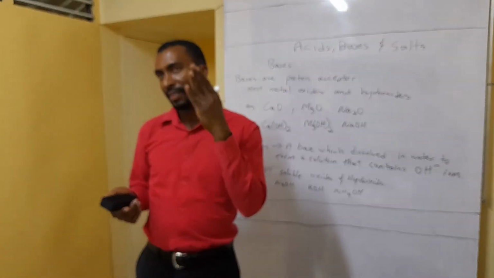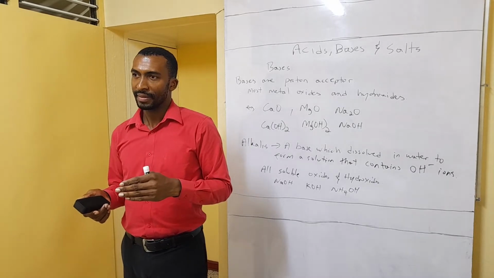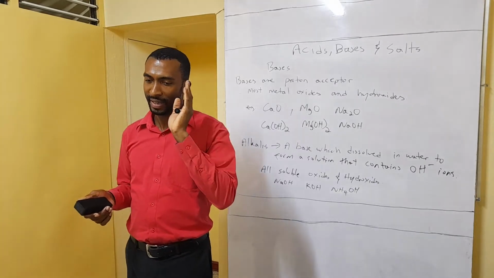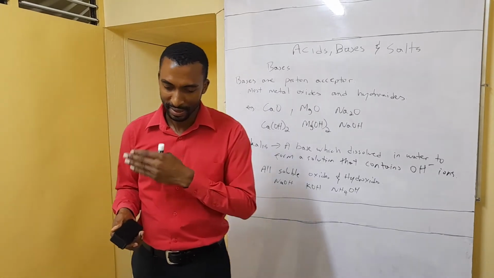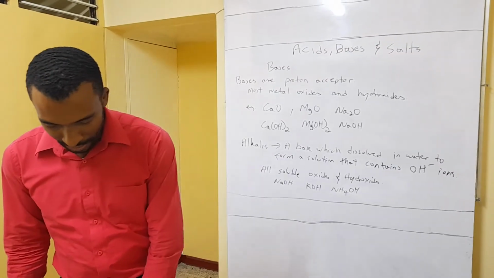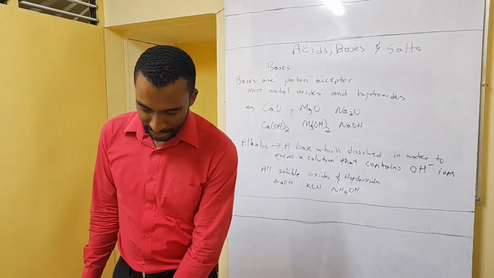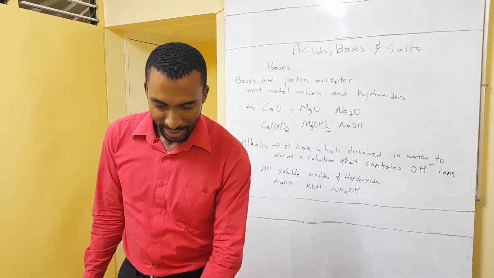So remember that in terms of pH, you're above 7. These are the bases that dissolve in water to form hydroxide ions, or alkalis. Corrosive, soapy, red litmus to blue, pH greater than 7, and they are electrolytes. You can just write those down.